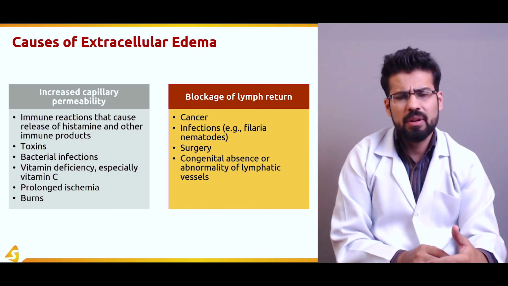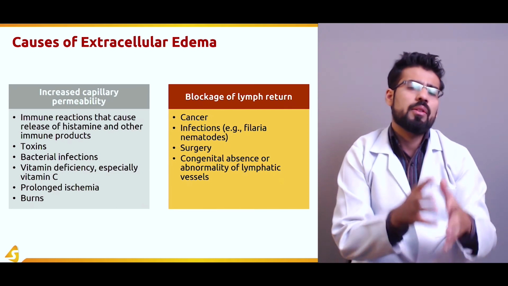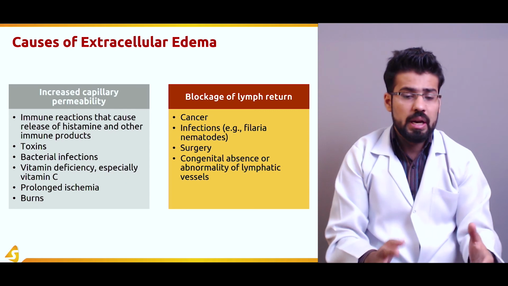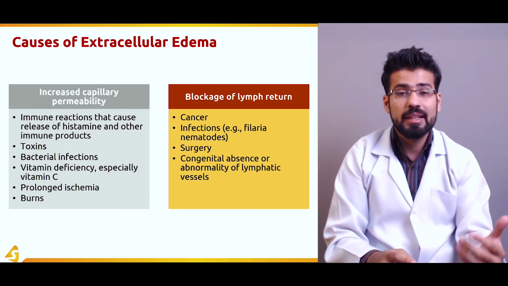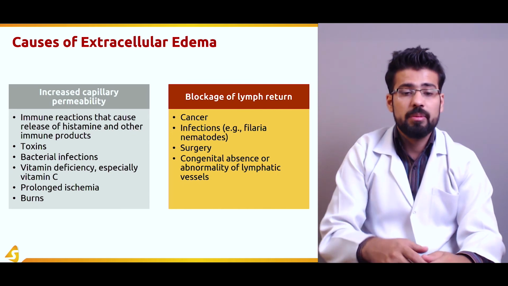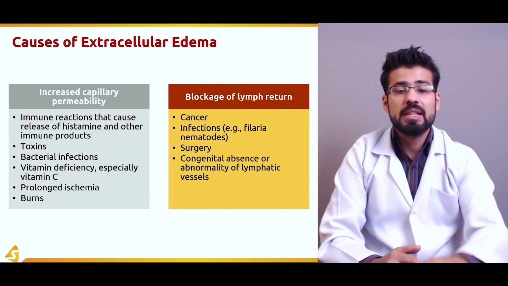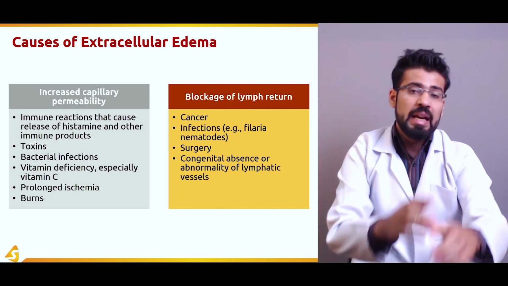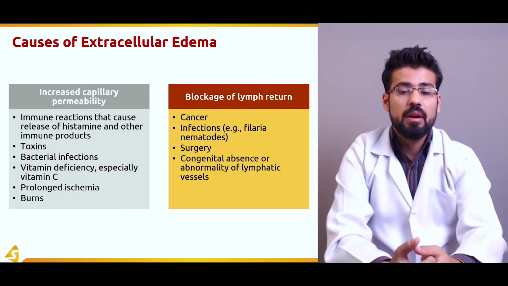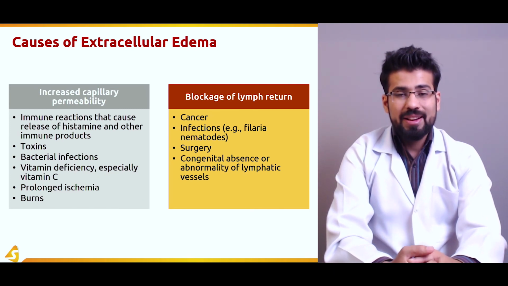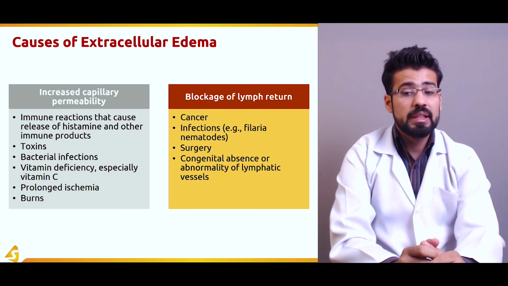Prolonged ischemia: if a particular part or organ of the body is not supplied with blood over a prolonged time, this can lead to ischemia, which also increases the capillary permeability. Burns are one example which will increase the capillary permeability, and hence these can cause the edema.